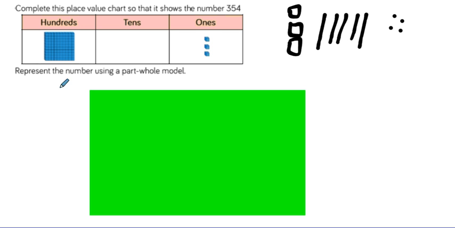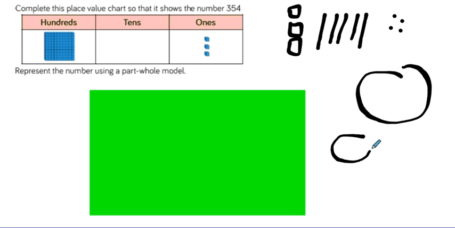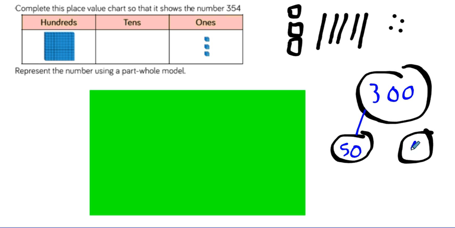And if we're to write that as a part whole model, we'd write it like this. Sorry about my messy pen. 350 and 4. So we're just breaking the number up into its different parts: tens, ones, and hundreds.